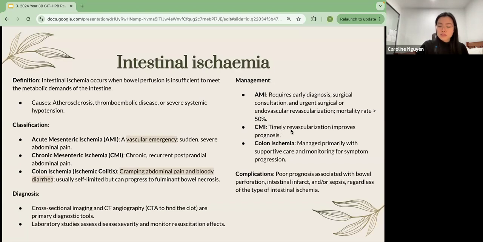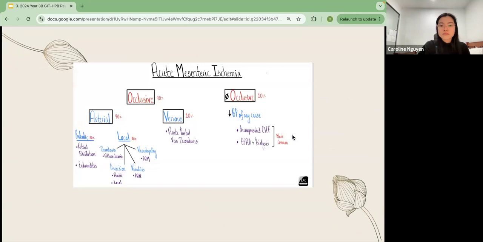For CMI, we need to revascularize as well, and then colon ischemia, primarily with supportive care or monitoring for symptom progression.